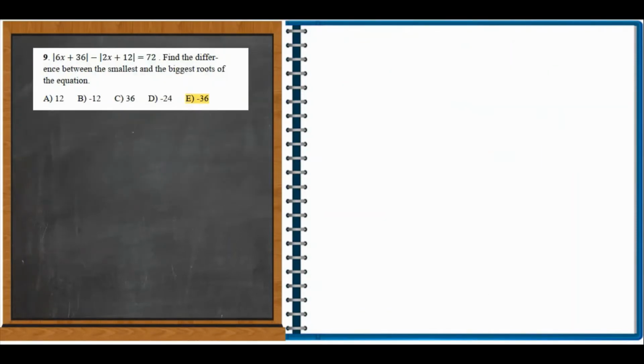Number 9. In number 9, we see absolute value expressions, and that's a simple equation. How to solve this? Let's start. We have the absolute value of 6x plus 36 minus the absolute value of 2x plus 12 equals 72.